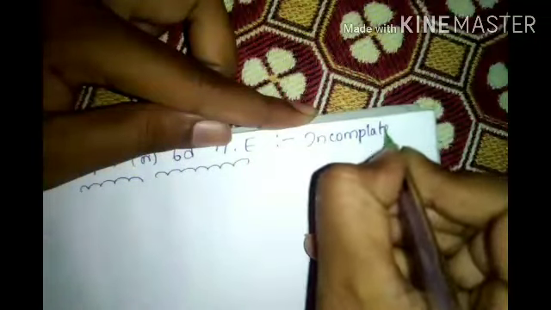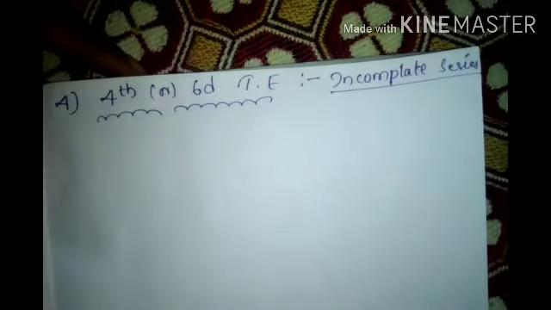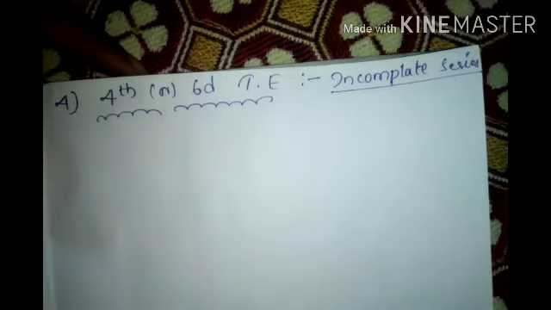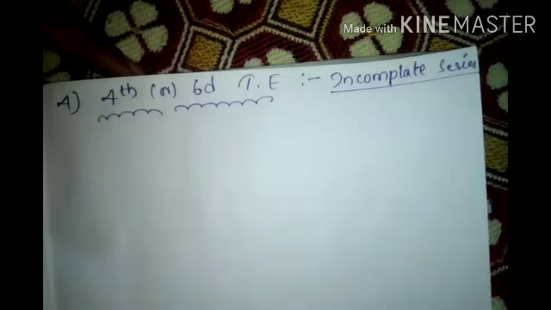It is also called the incomplete series. Now it is completed, but they are calling it incomplete. In our book, they gave it as the incomplete series because at that time all were not completed yet. Now it is completed.